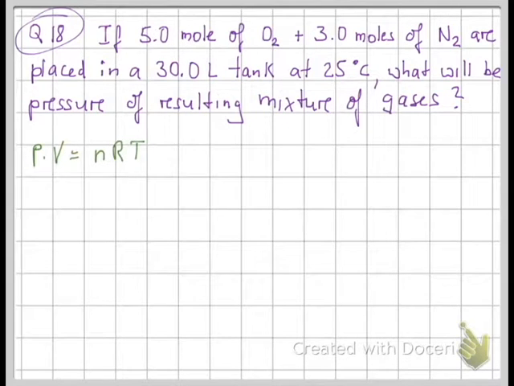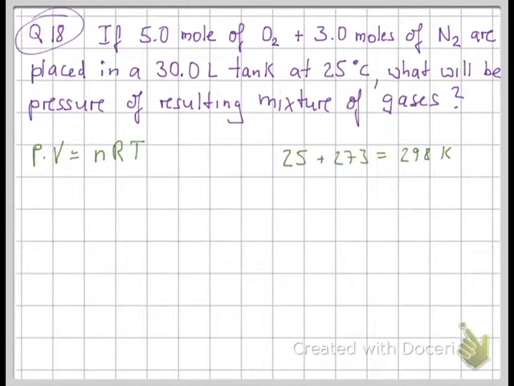We have 25 degrees Celsius. With gas laws, you have to convert that to Kelvin: 25 plus 273 equals 298 kelvins. We want to figure out what the pressure is.